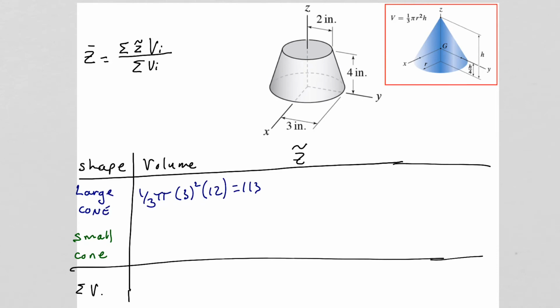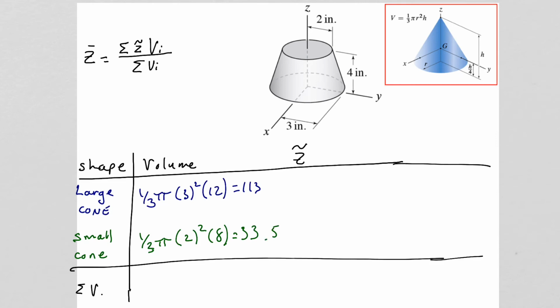For the bottom one, we do 1/3 pi. The radius is 2 squared, and the height of this one we said was 8. This is for the small one, and we'll be subtracting that. This volume ends up as 33.5.